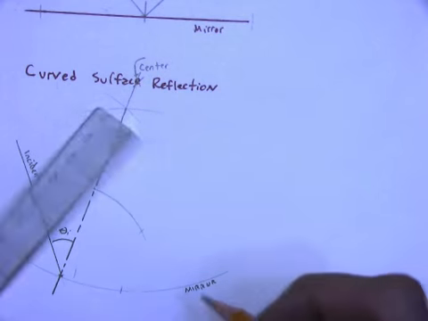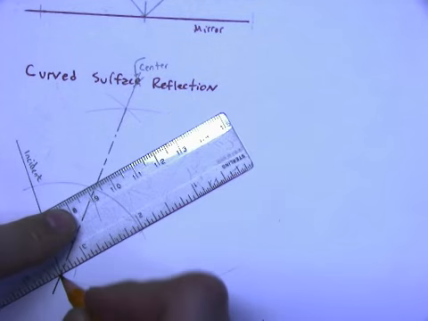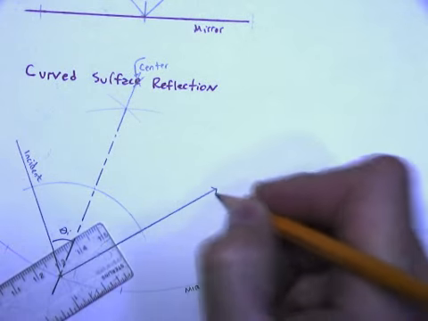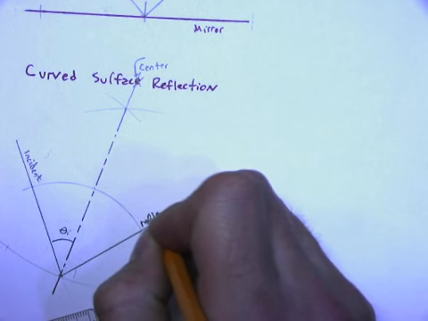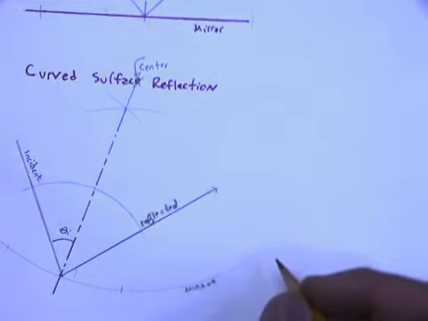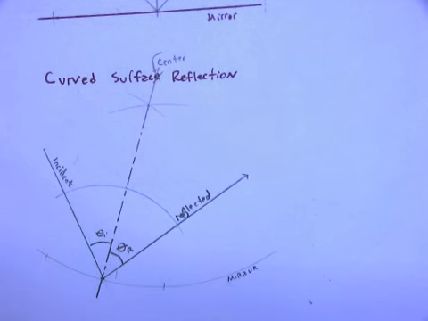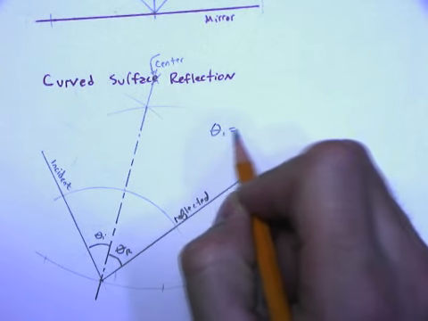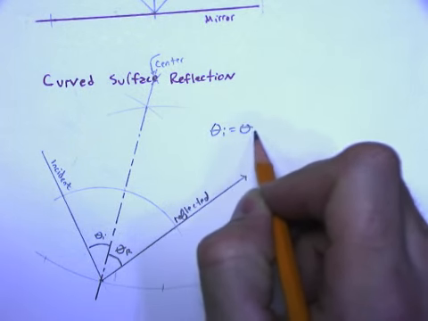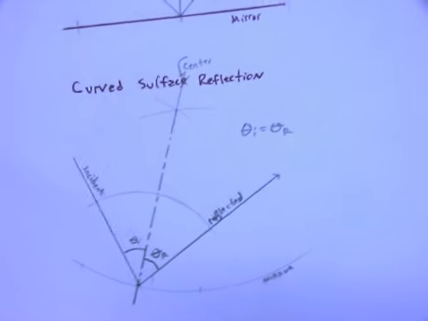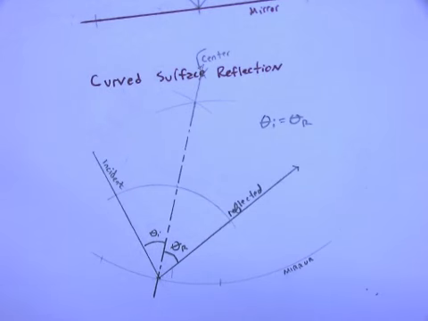And now my reflected ray goes out there through that. And then this is the angle of reflection. Again, angle of incidence equals the angle of reflection. That's the law of reflection. So that's off of a curved surface.